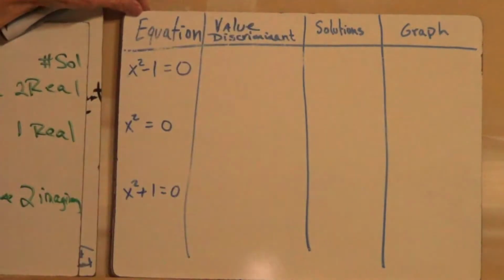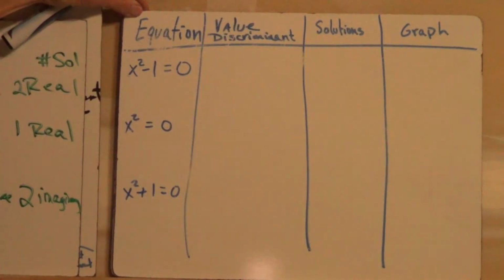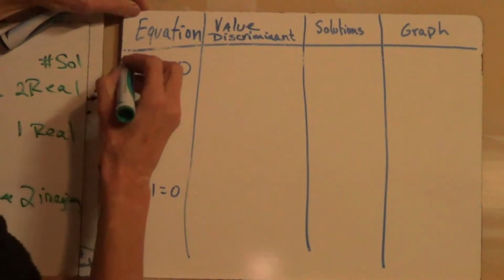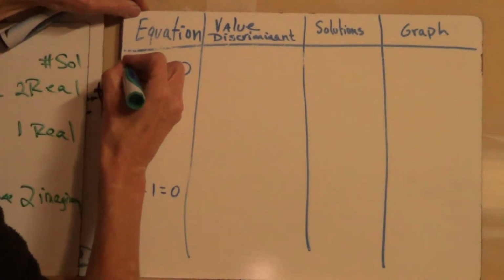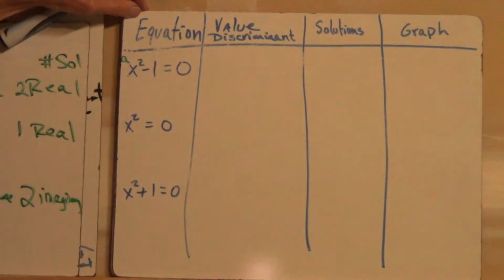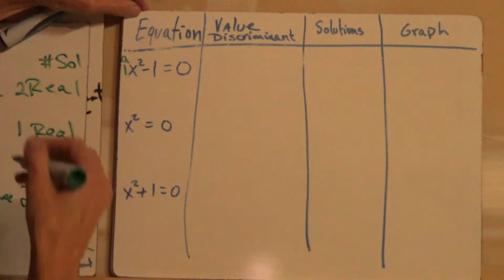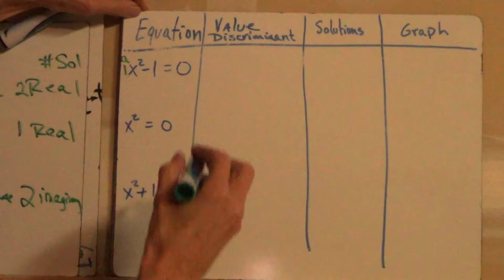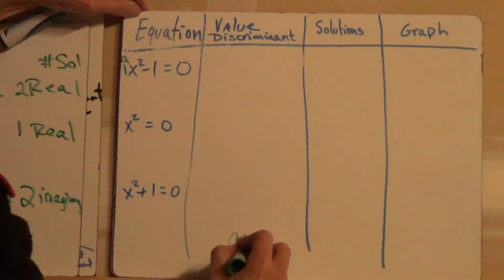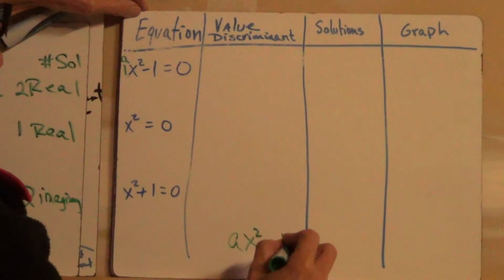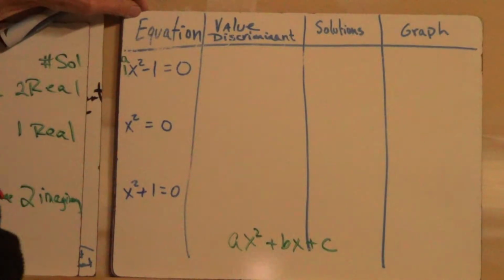Okay, I just want to solve a couple and show you the value of the discriminant. Here is my a value. The a is always in front of the x squared, that's 1. We have no b value, because remember, ax squared plus bx plus c is our standard form.